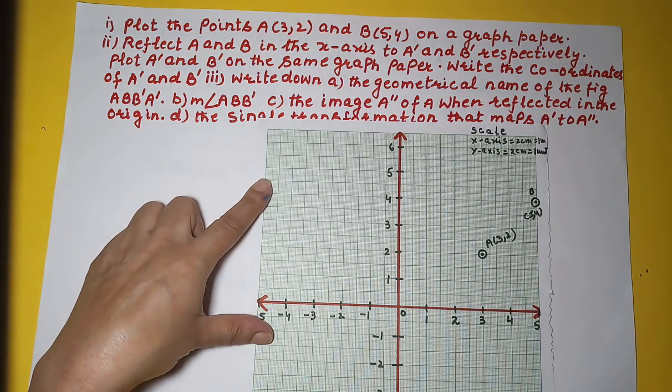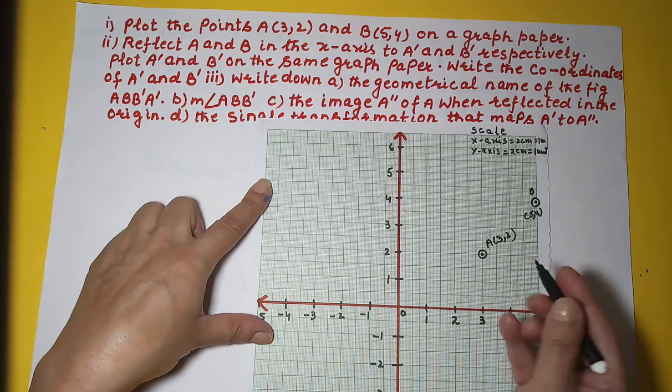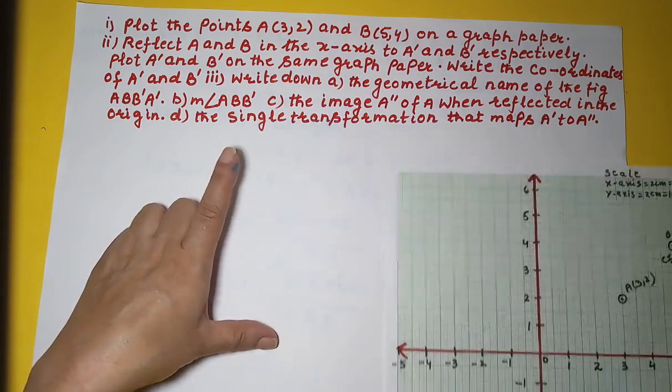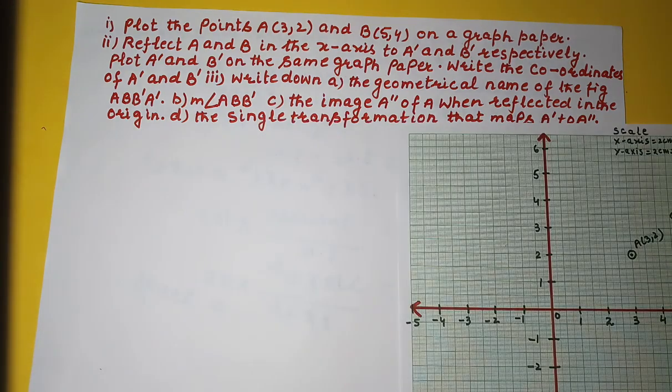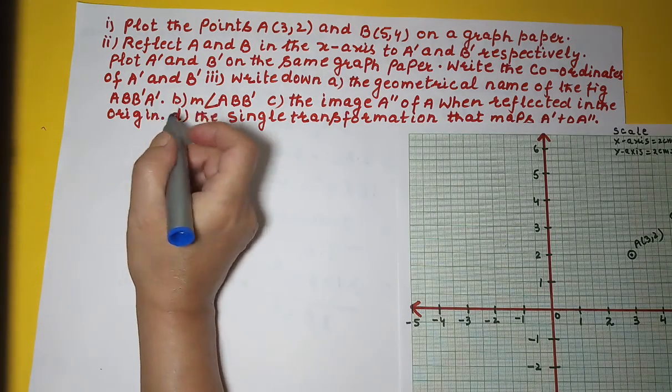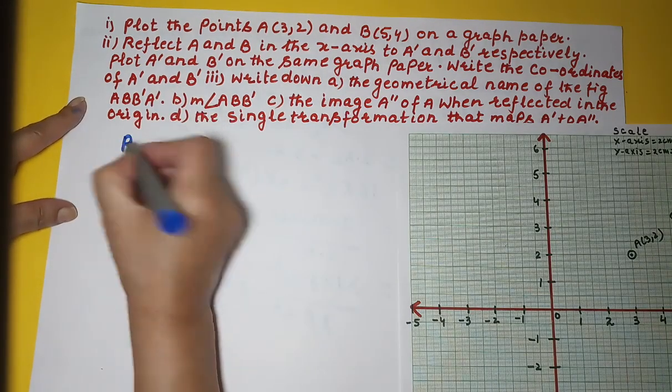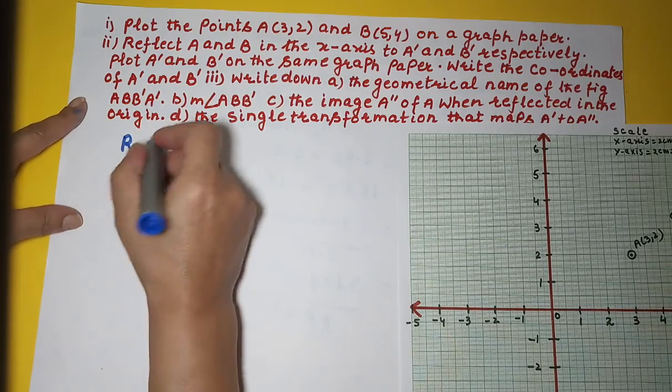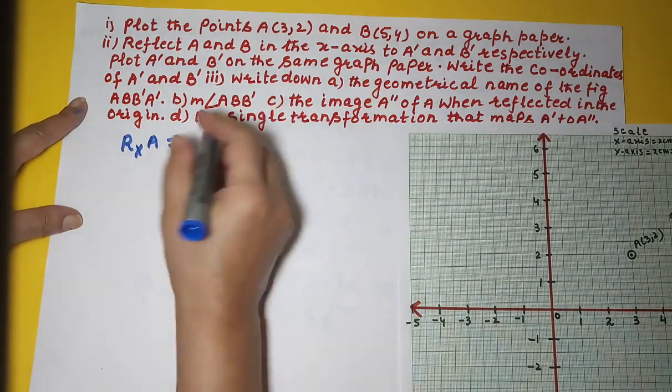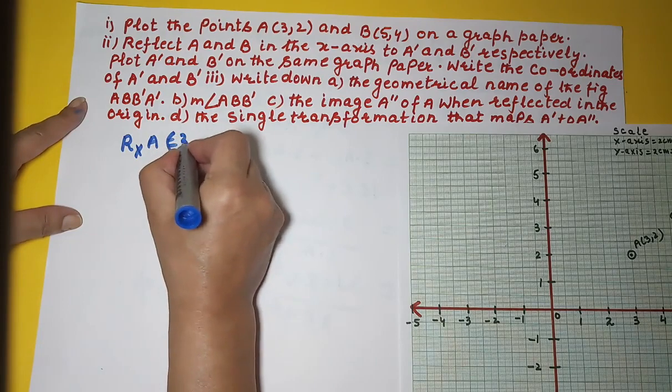Alright. And now he wants me to reflect A and B in the x-axis. So let me write these points first, when they are reflected in the x-axis. So reflection along the x-axis of point A, what is my A point? 3 and 2.